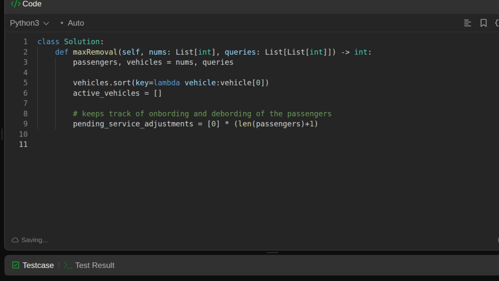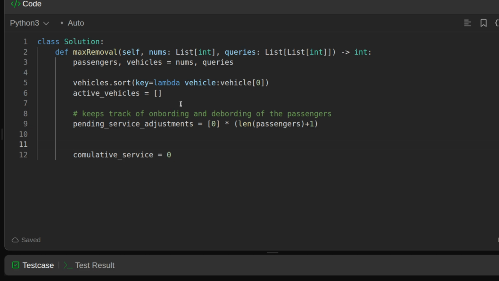Now there will be cumulative service. Cumulative service means how many vehicles are currently serving.